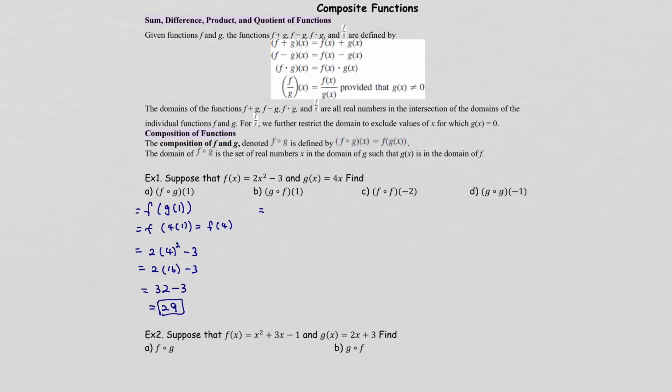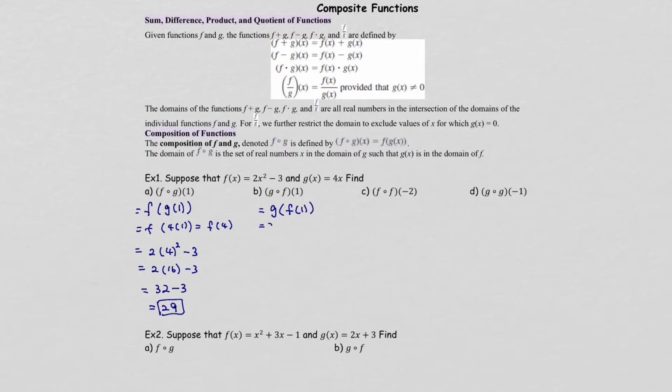So let's try one more, right? What if we have g composition of f of 1? This time we want to find the f of 1 function first, and then whatever that value is, we're going to replace it into g of x.